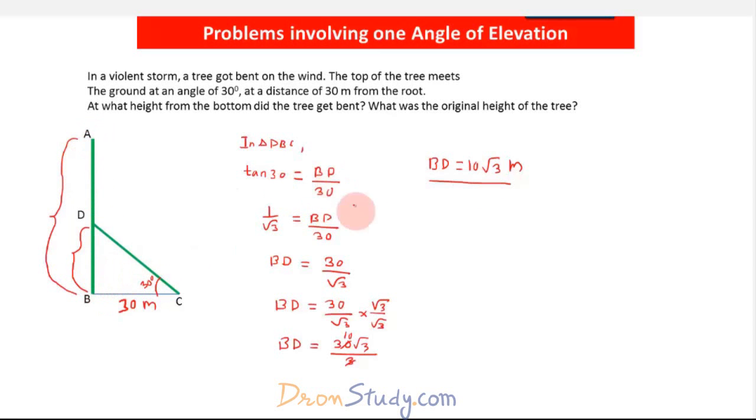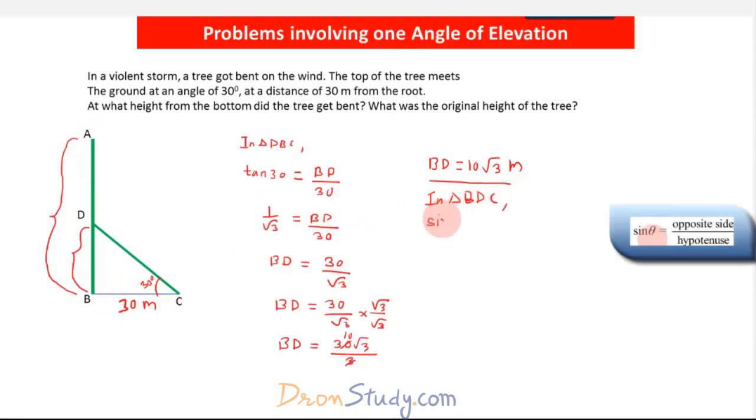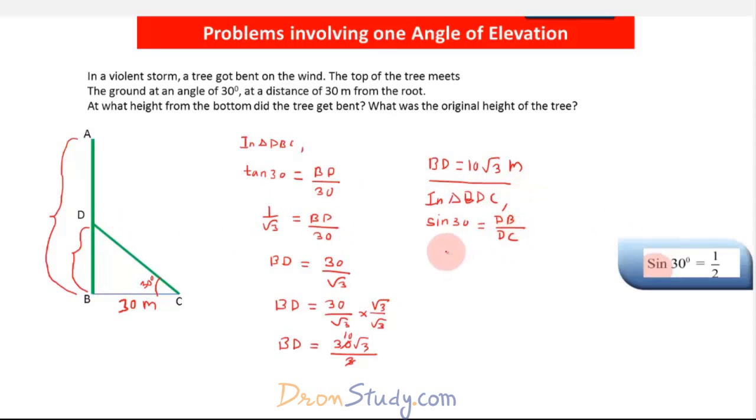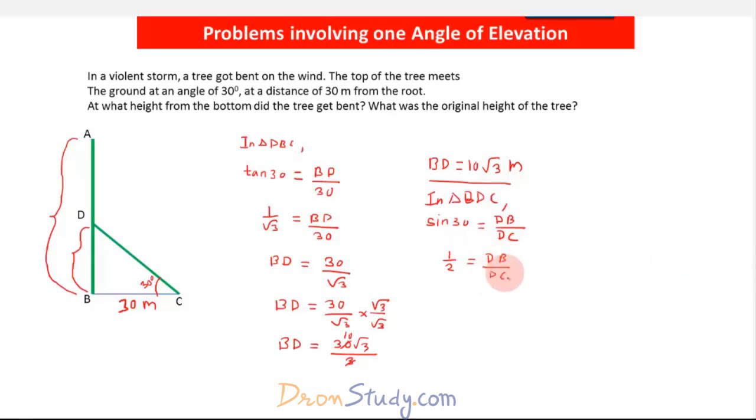So again in triangle DBC, we have sine 30, which is equal to opposite side upon hypotenuse, that is DB upon the hypotenuse DC. Sine 30 is 1 upon 2, so it will be 1 upon 2 equal to DB upon DC.